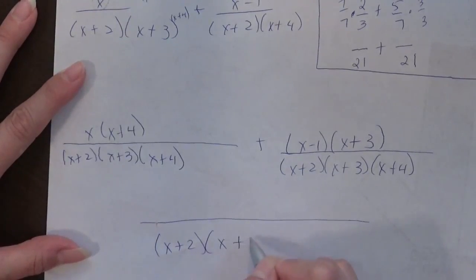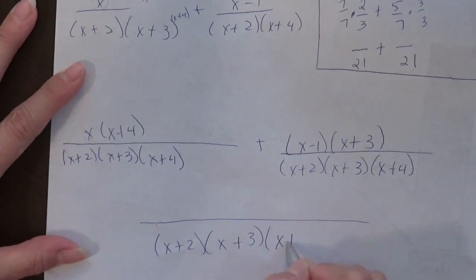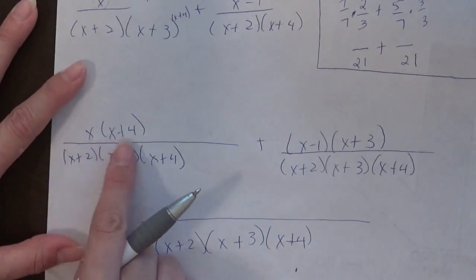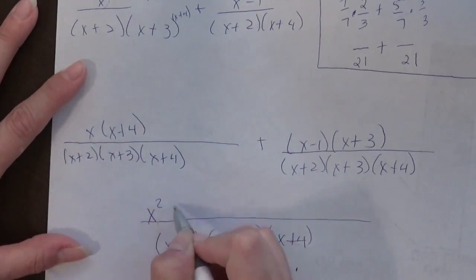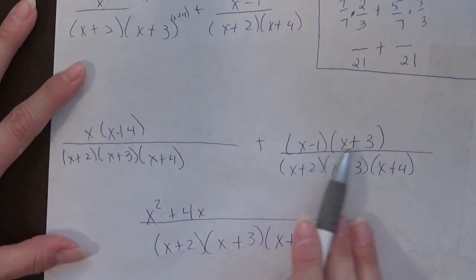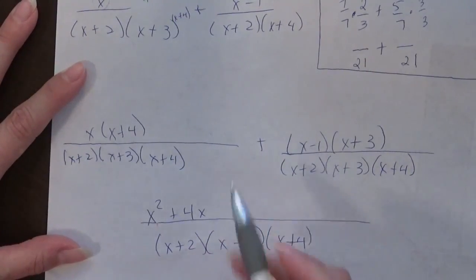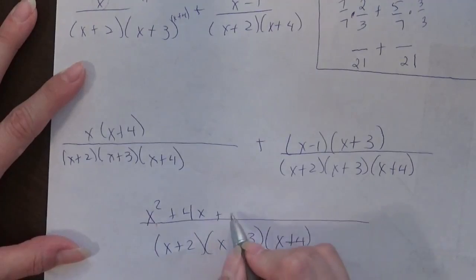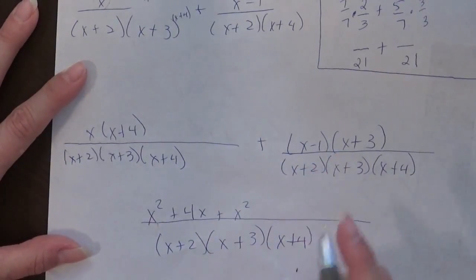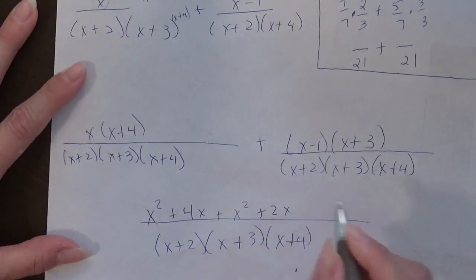I'll put my LCD in the denominator. And then in the numerators, I can distribute here, so it becomes x squared plus 4x. And here I distribute, and in this case it's going to be foiling, so it becomes plus x squared plus 3x minus 1x, so that's going to be plus 2x.